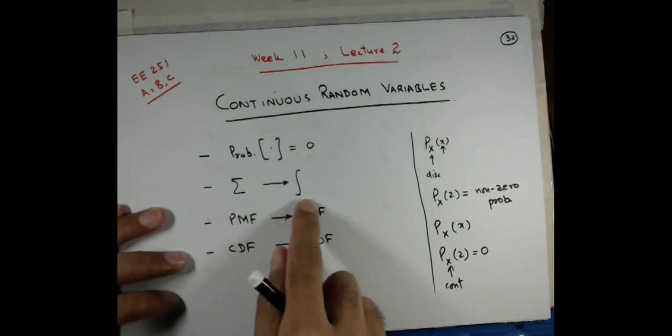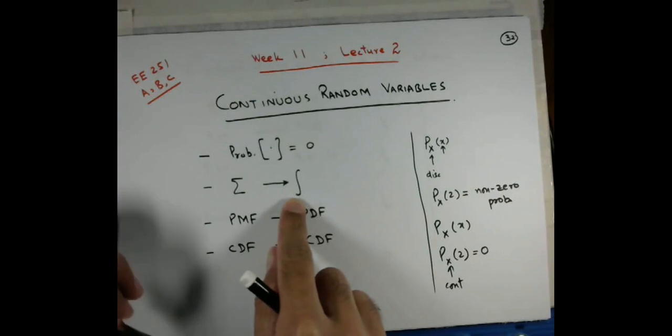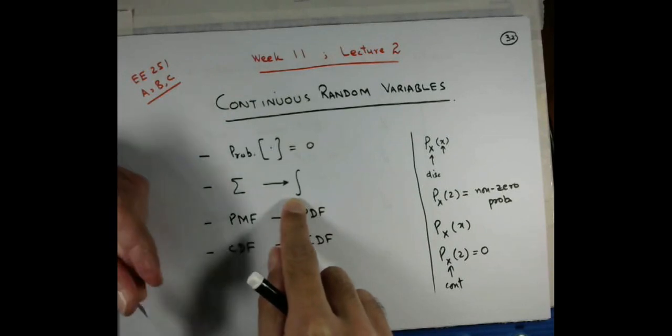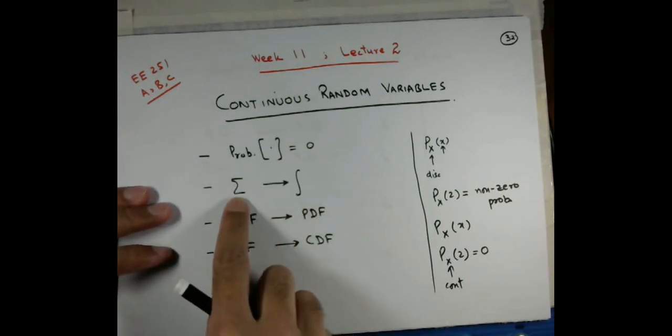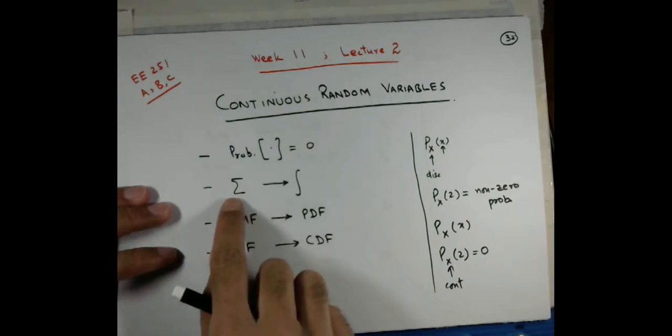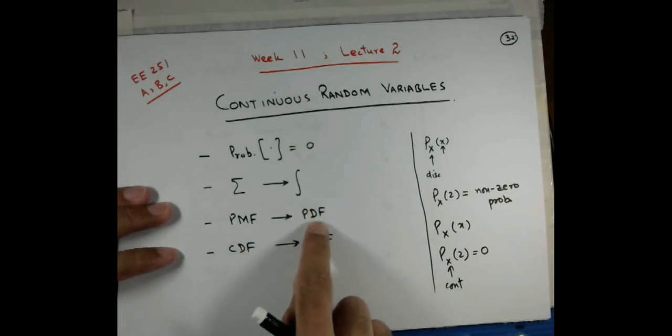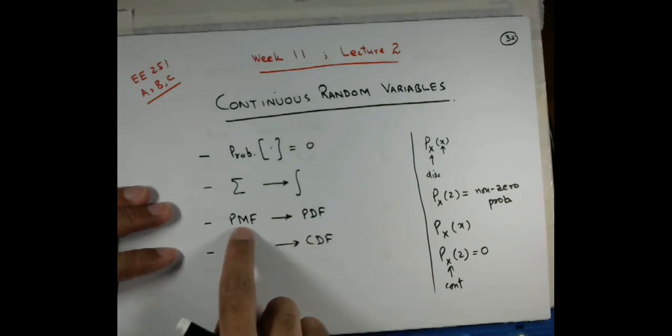The second important one, which I have not discussed in this lecture deeply but we will discuss very soon, inshallah, in the coming lectures, is that when talking about the expectations and variances, the summation signs that we use in the discrete case will simply convert to integration signs, and the PMF will turn to PDF. What is PDF? Probability density function.